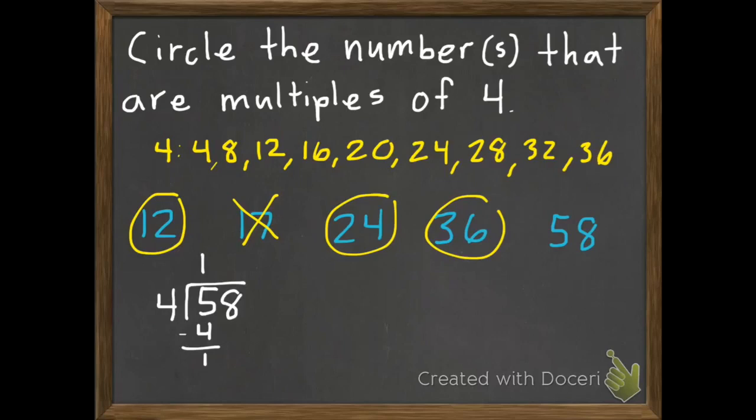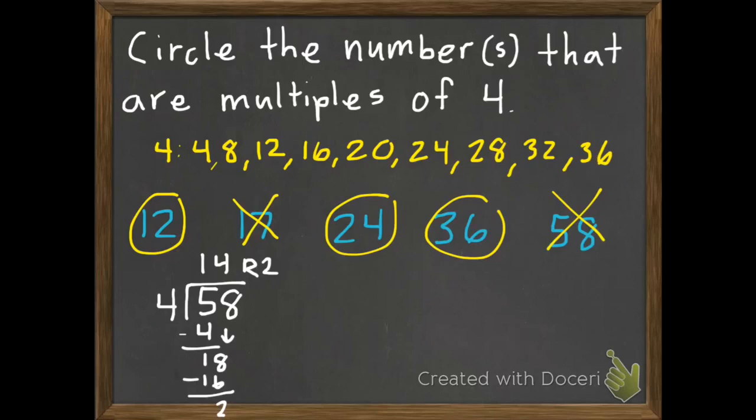Okay, bring down the 8. We have 18. So we start back at step 1. So 18 divided by 4 is 4. 4 times 4 is 16. 18 subtract 16 is 2. So it means we have a remainder, so it doesn't go in evenly. So 58 is not a multiple of 4.